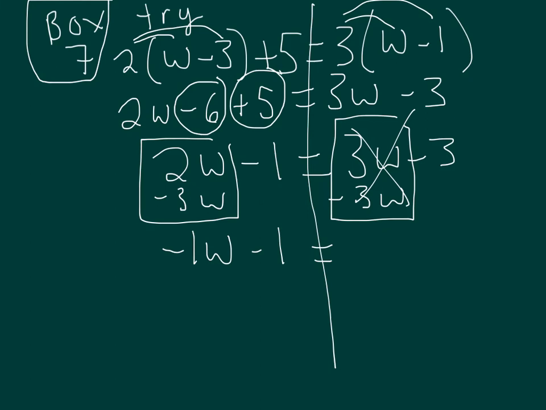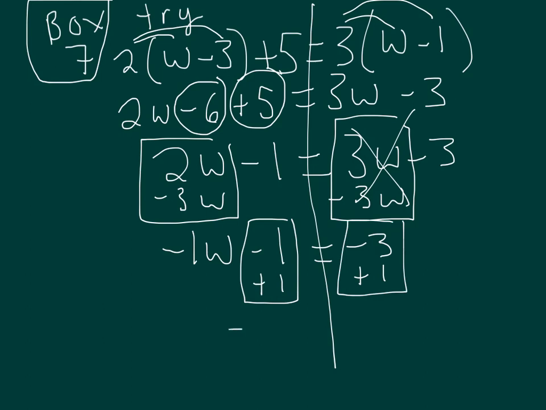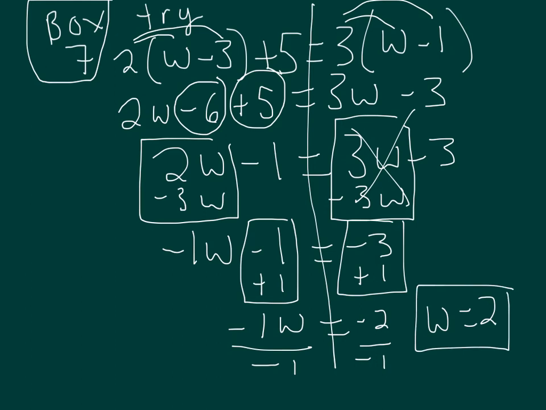There's a minus there, so it's negative 3. Now it's a two-step equation. I'm going to add 1 to both sides. Use my addition boxes. Negative 1w equals negative 2. Divide by negative 1. W equals 2. So what you should have gotten when you tried it on your own is w equals 2.